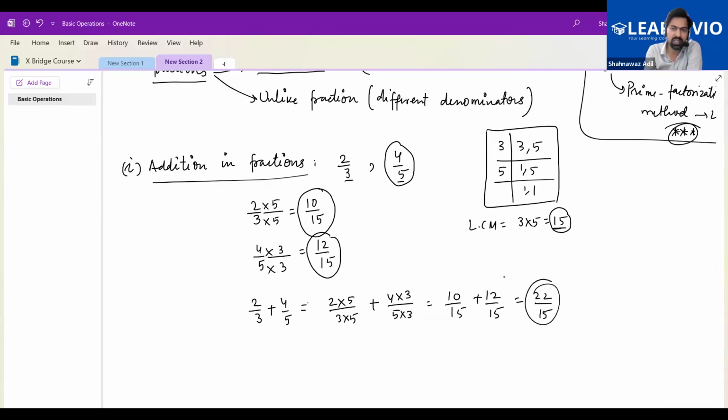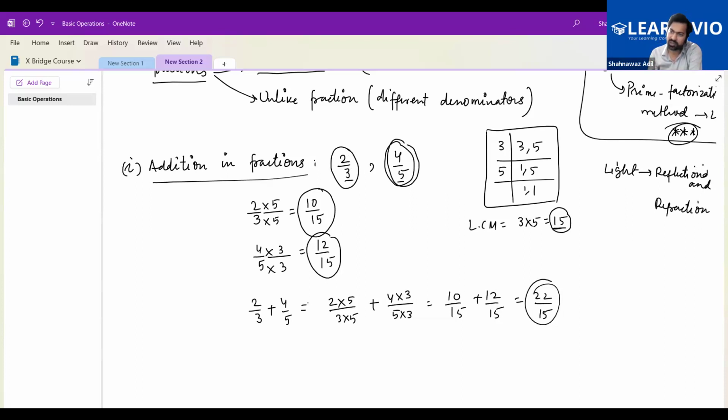So this is how we add different fractions, and these things you guys are already familiar with, so we are just recapping those things. This addition of fractions would be very useful when you learn the light chapter, in which you will have reflection and refraction.